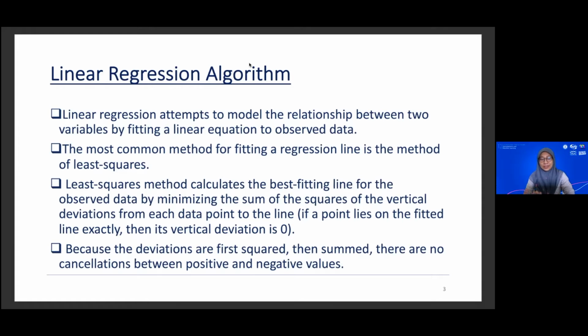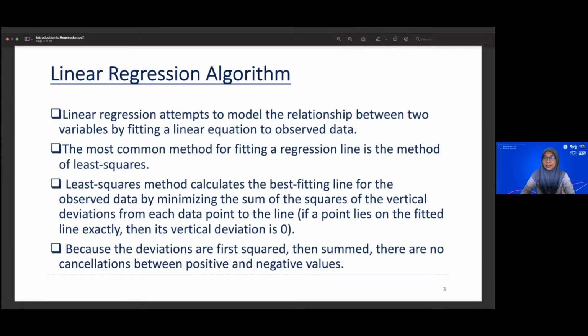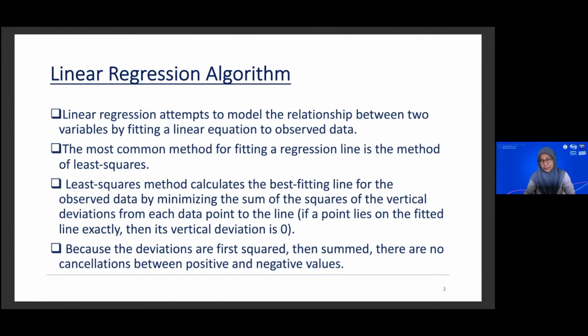Here, linear regression is an attempt to model a relationship based on a linear equation to the observed data. I think you have learned this in your undergraduate course or high school: when we have a set of data and want to find, for example, the best straight line.